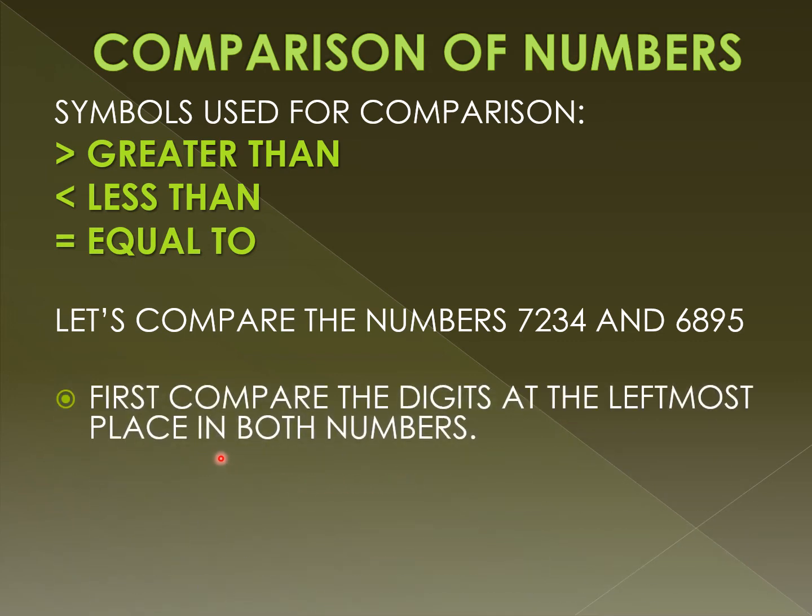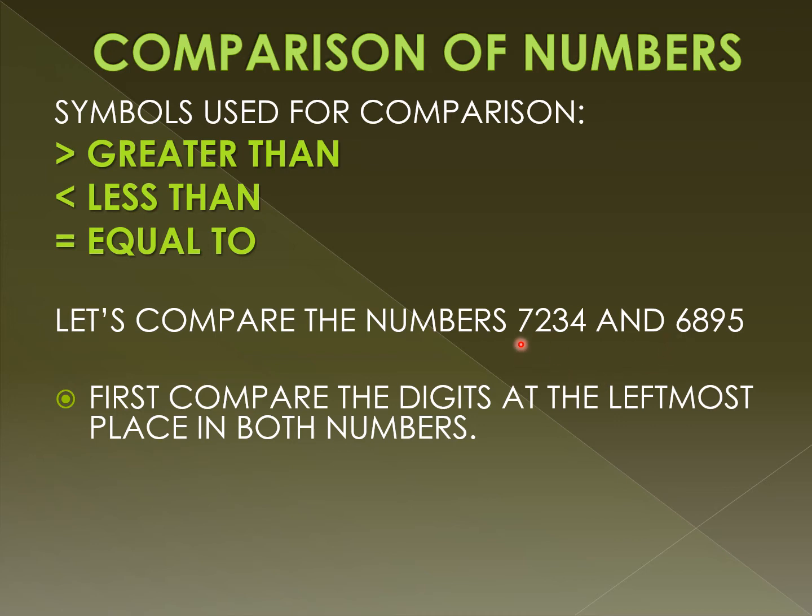So, the first step is, first we compare the digits on the leftmost place in both numbers. Our digit on the leftmost place in this number is 7, and our digit on the leftmost place here is 6. We will compare these two numbers, the leftmost digit.